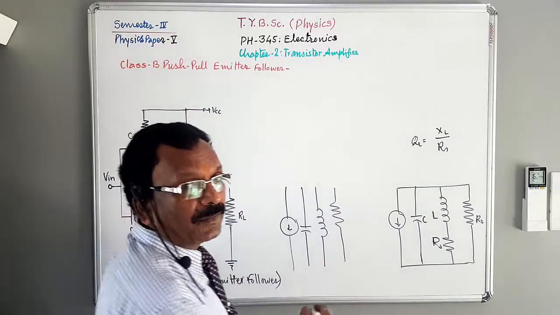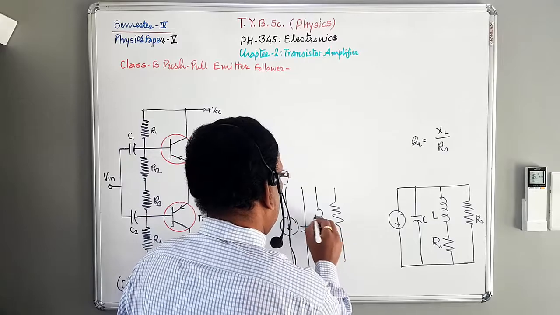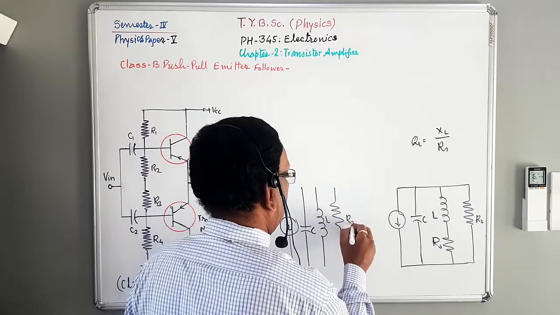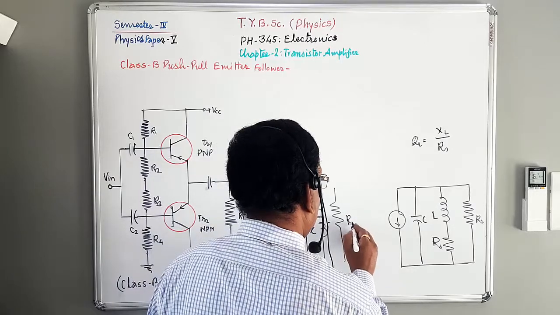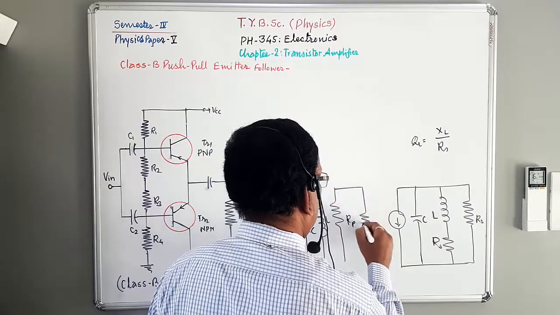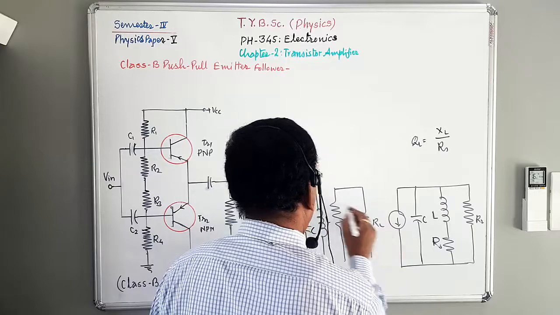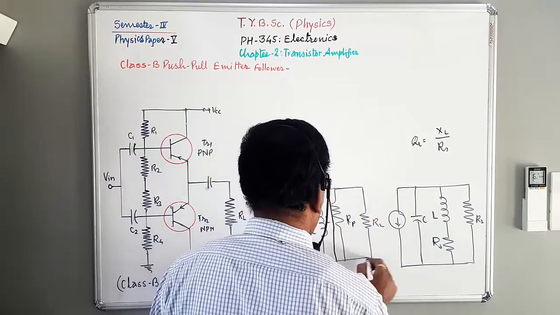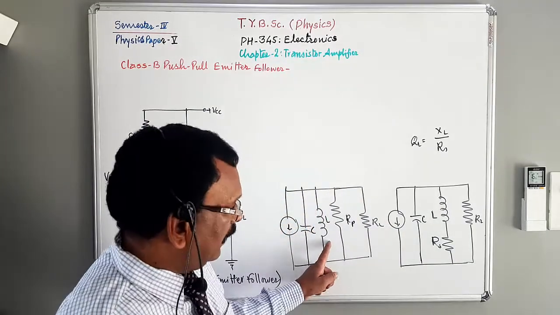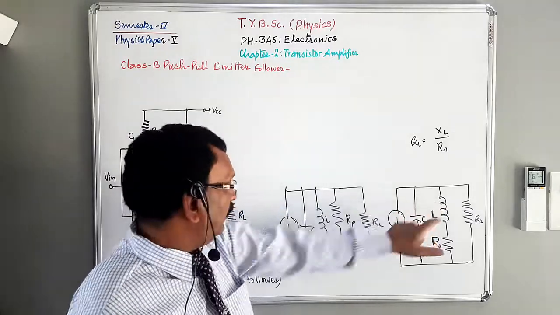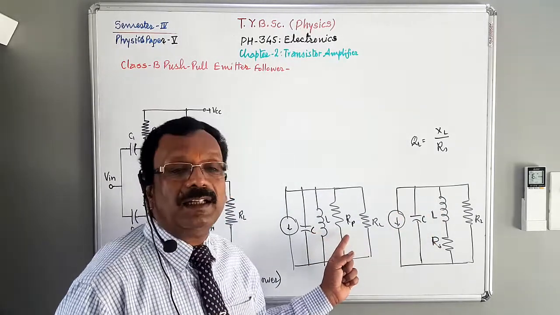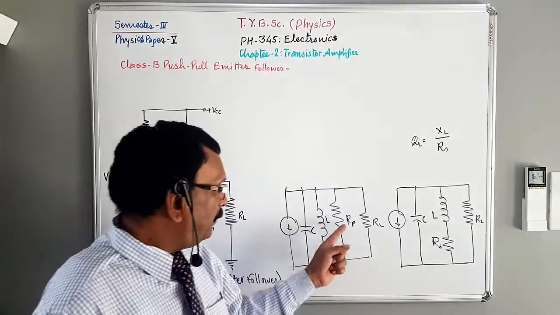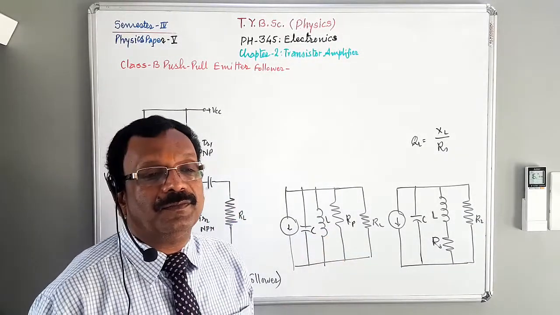Like this, C, then L, then RP, and then this RL. In this circuit, the series arrangement is replaced by a parallel arrangement of inductor and resistance. RP is the parallel resistance to the inductor.